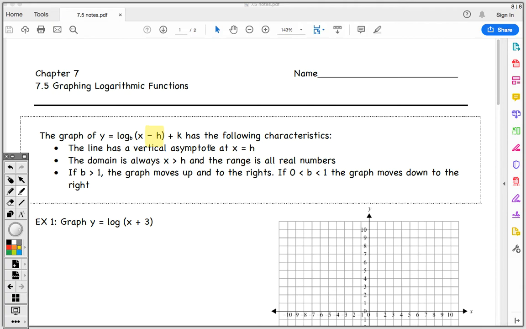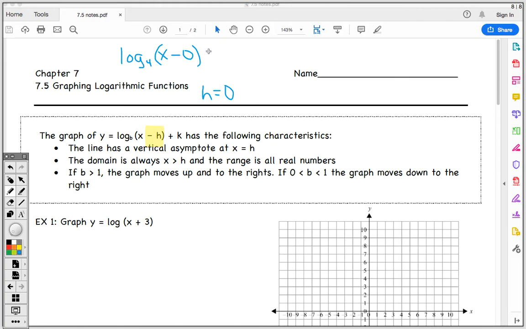So in that last example, when we had log base 4 of x, because it was minus 0, we can see very quickly that our h is equal to 0.